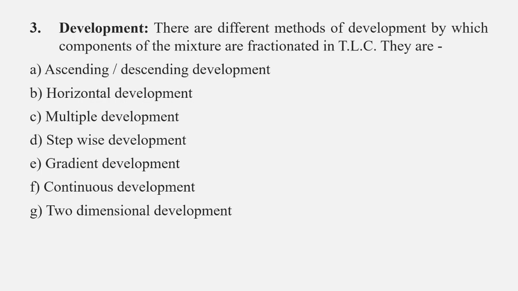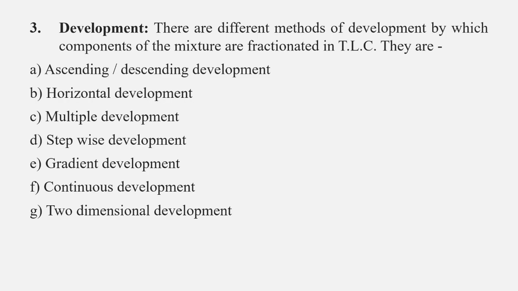Development: there are different methods of development by which components of the mixture are fractionated. Ascending or descending development, horizontal development, multiple development, stepwise development, gradient development, continuous development, and two-dimensional development. Here development means the movement of solvent towards the other end of the thin layer plate.